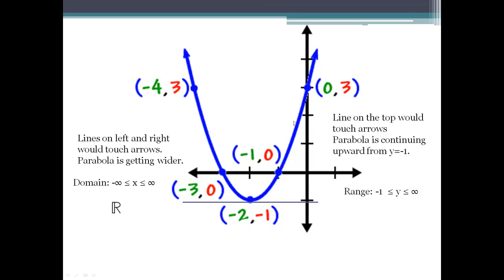So our range starts at -1 and goes to positive infinity. Another way of writing that would be to say that the range values, or the y values, are all greater than or equal to -1, because they start at -1 and continue upward.